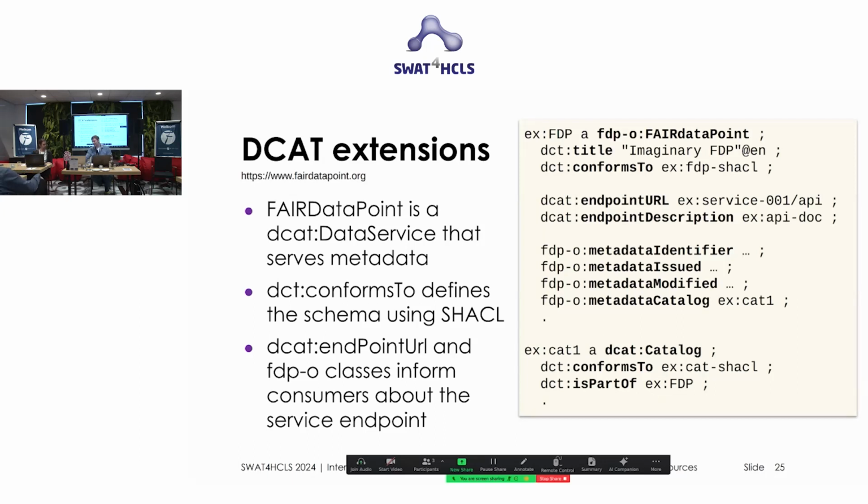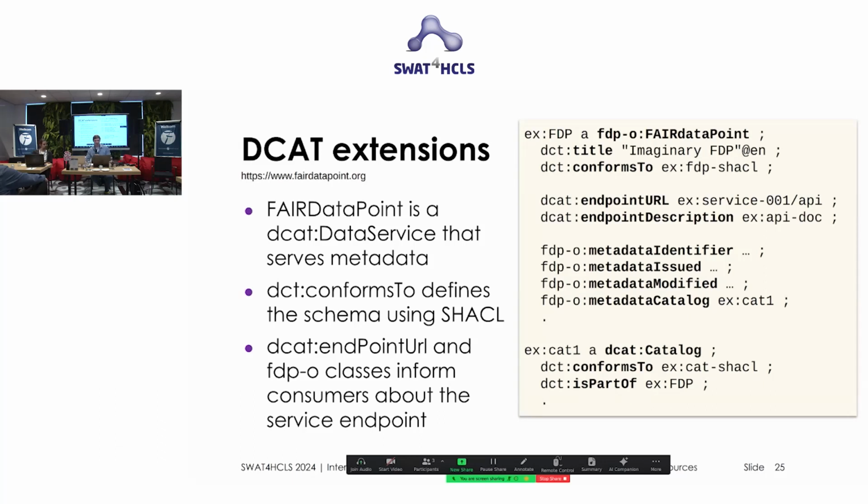The DCAT has been extended slightly here, and some examples is this FAIR data point type of resource, and that one always contains the endpoint URL that I mentioned. It also has a required metadata catalog, which is the entry point to the DCAT catalog.